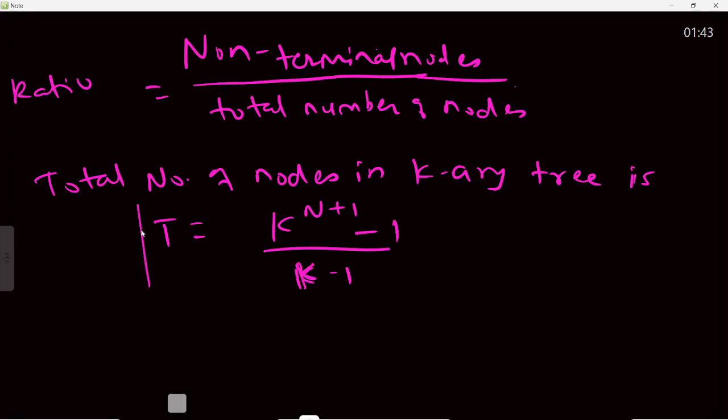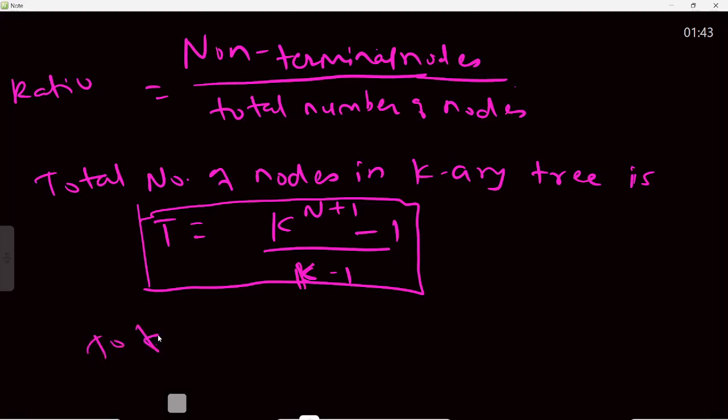So this is the formula to find the total number of nodes. And there is one more formula to find the leaf nodes.